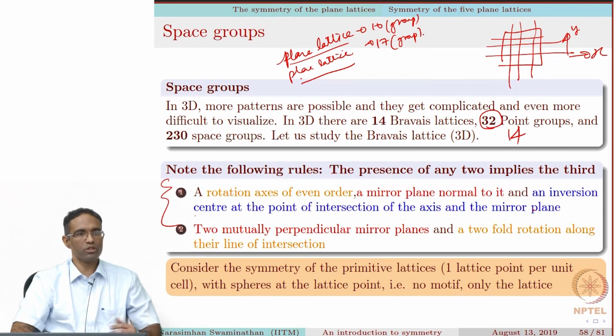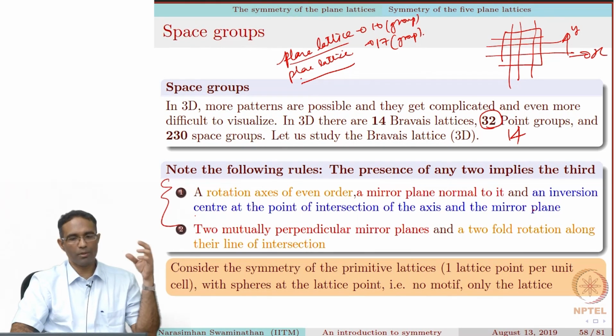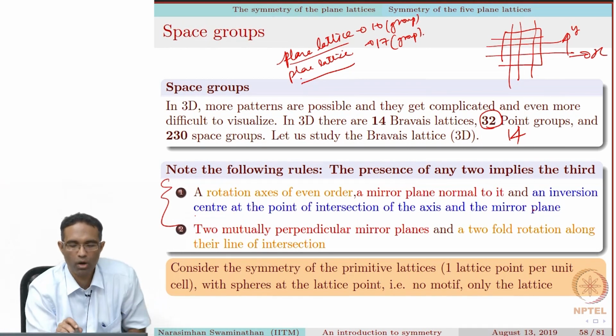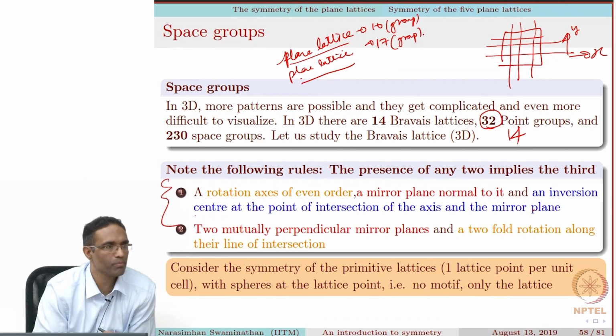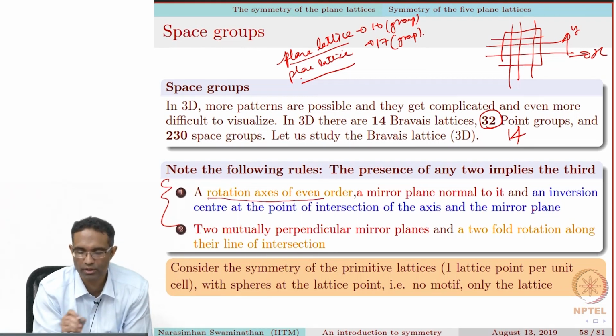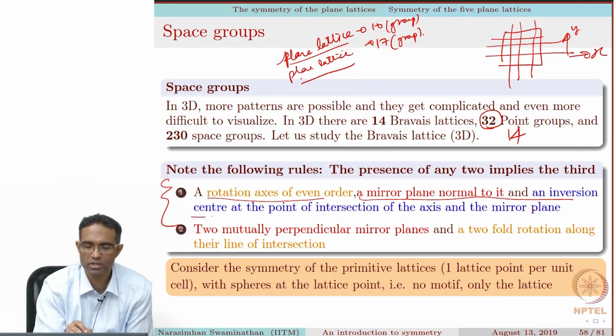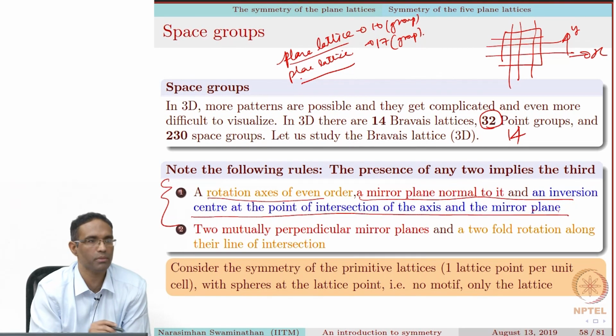Some of these rules need to be remembered when you are looking at the symmetry associated with the space lattice. Any 2 of the following symmetry elements will automatically imply the third. For example, a rotation axis of even order, a mirror plane normal to it, and an inversion center at the point of intersection of the axis and the mirror plane.